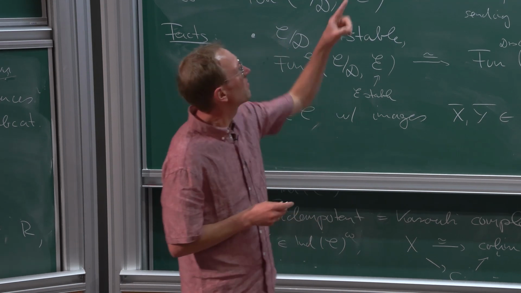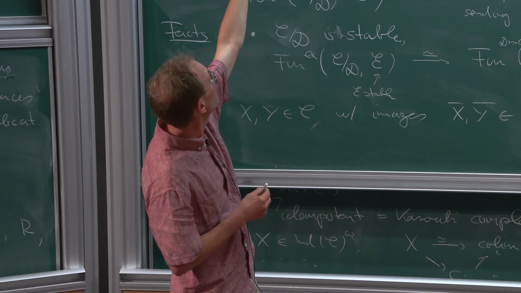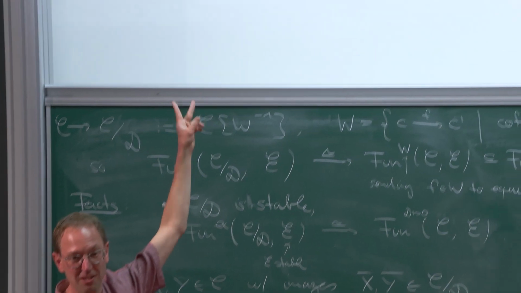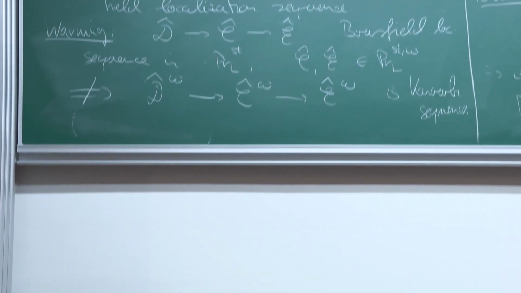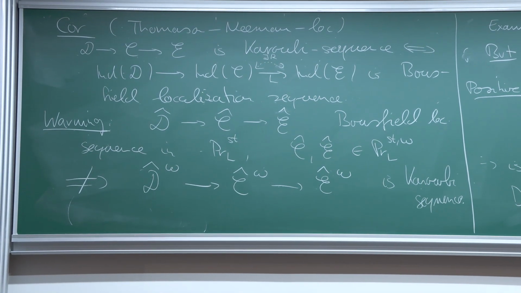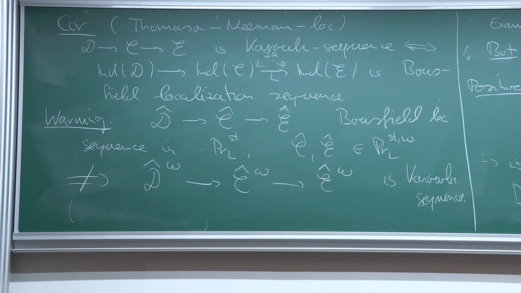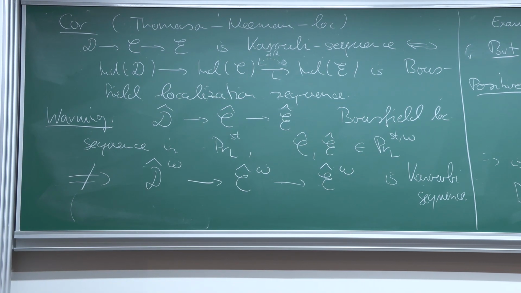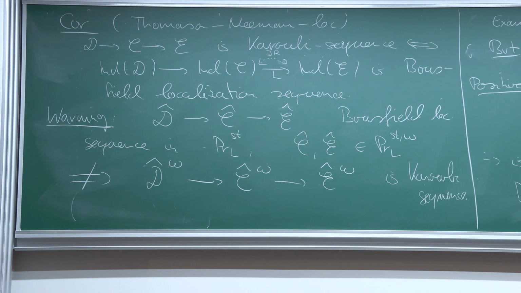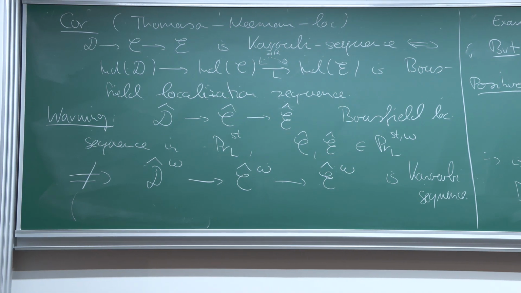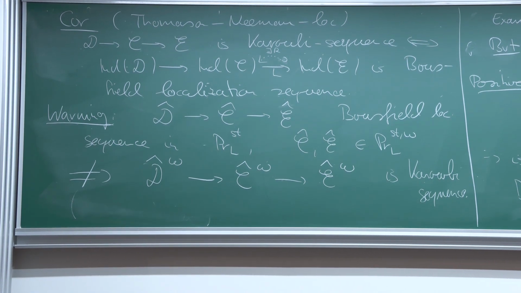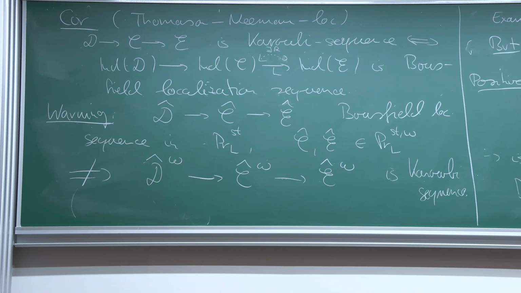But you can pass to the compact objects on C and on E, and then define the K-theory of this D hat to be the homotopy fiber of the map of K-theories from compact objects of C to compact objects of E, and this gives you a well-behaved theory. This is Efimov's K-theory. Okay.